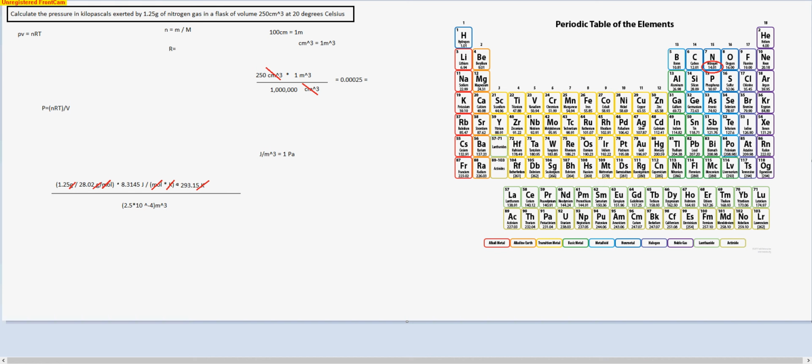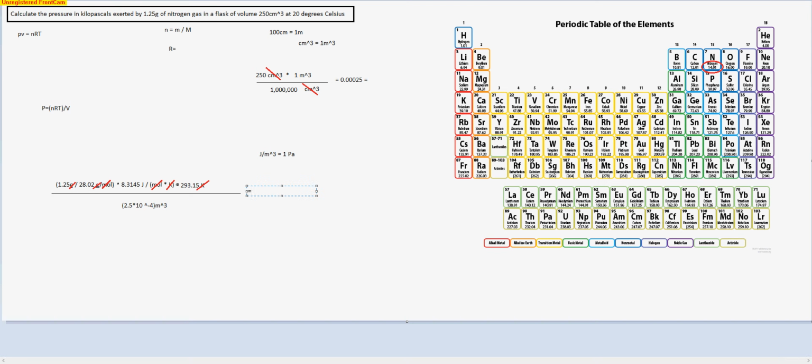So I'm going to go ahead and quickly do the math. This is equal to, I'm using my TI-83, 1.25 divided by 28.02 times 8.3145 times 293.15 divided by 2.5 times 10 to the negative 4.